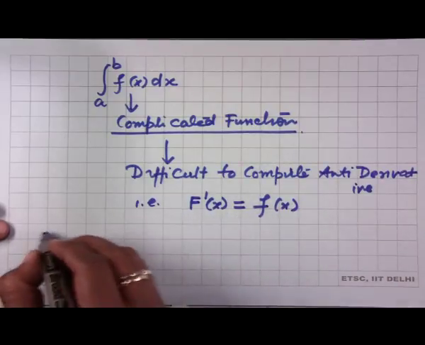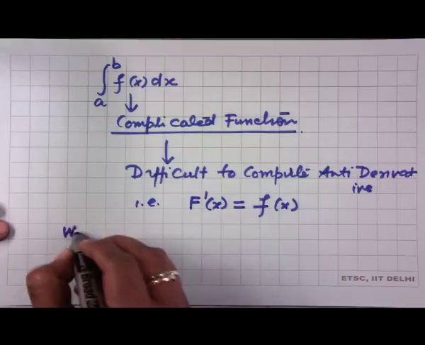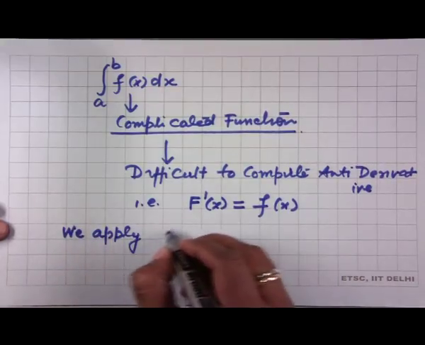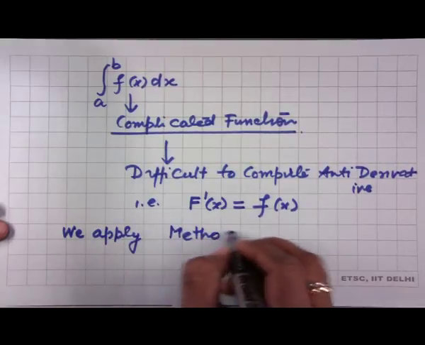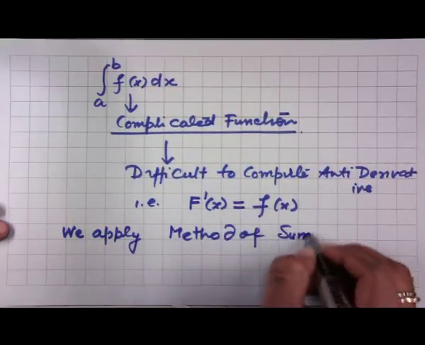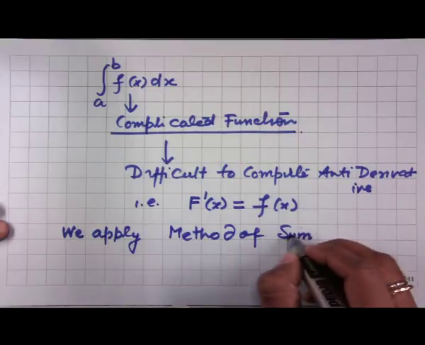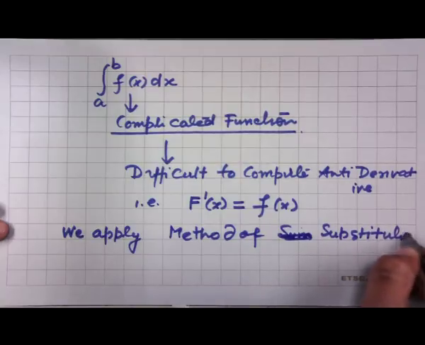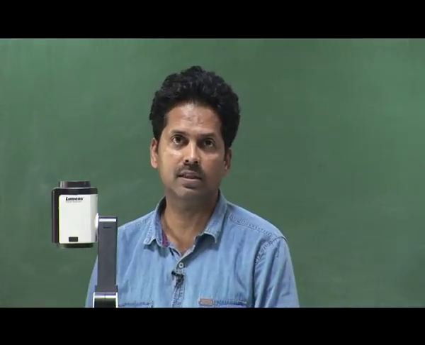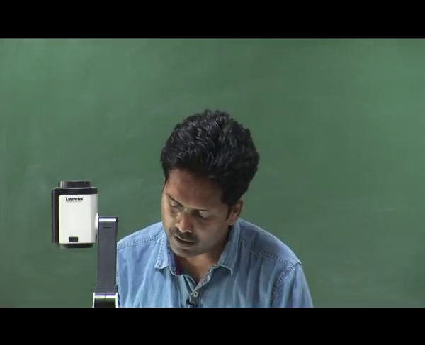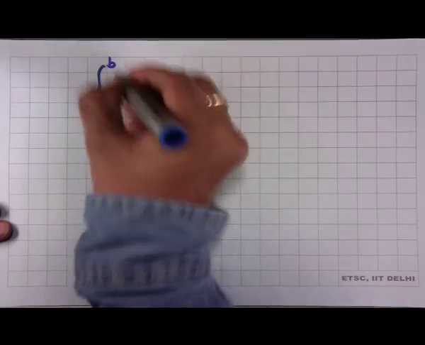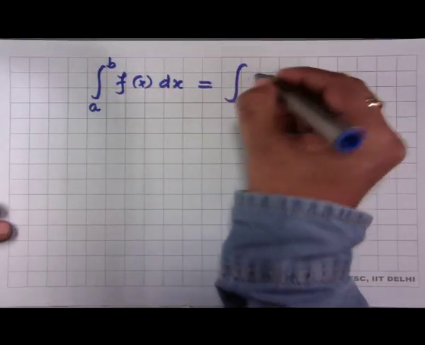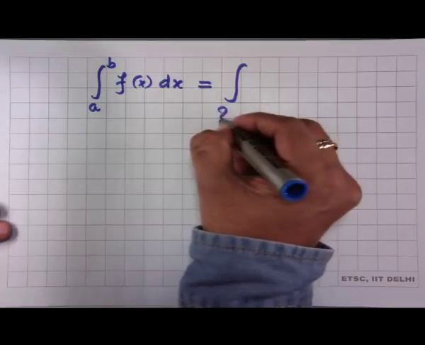Then what we have seen is that in these cases we apply the method of substitution. What we do in this is that we transform the integral, where we will have new limits.